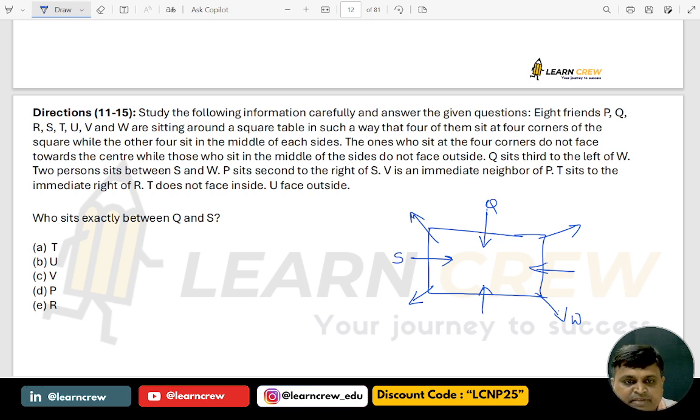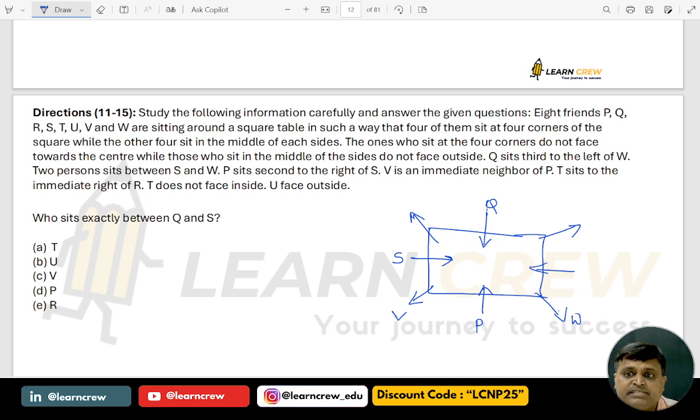2 persons sit between S and W. P sits second to the right of S means this person is facing towards center. So P has to be here. V is an immediate neighbor of P, definitely it has to be V. Okay. T sits to the immediate right of R. So it can be T, it can be R, or it can be next.